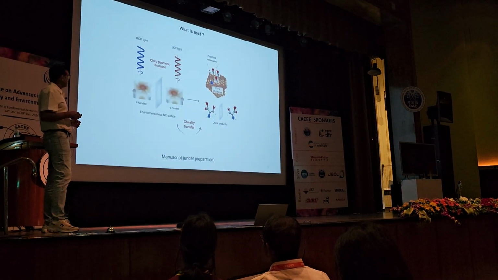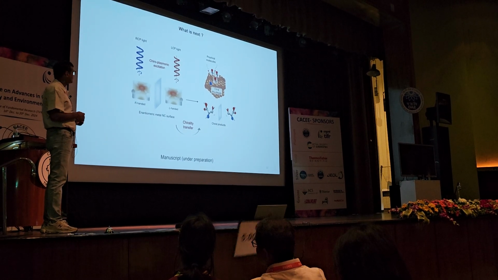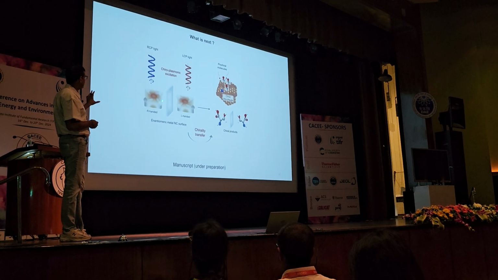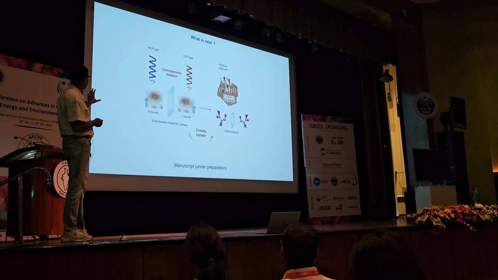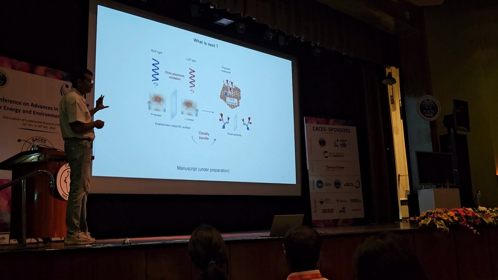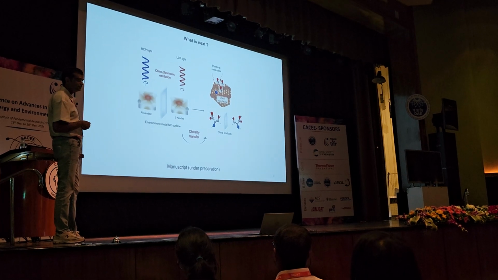What we are doing now is extending this chemistry to the chiral nanoparticle surface. Chiral plasmonic nanoparticles have the ability to be activated by the polarity of the light. You can decide right-handed light or left-handed light, and based on that you can activate the surface.